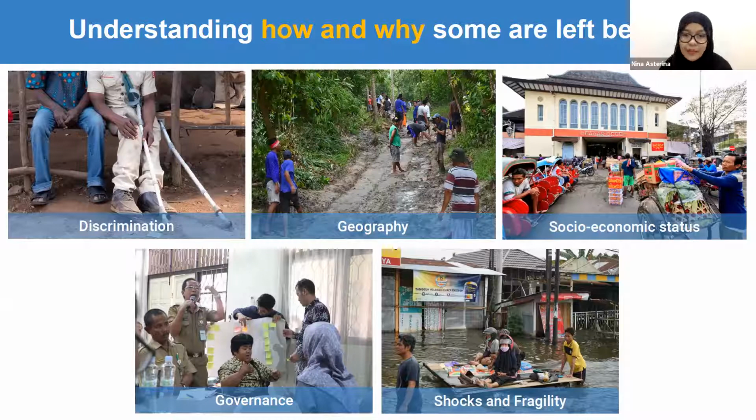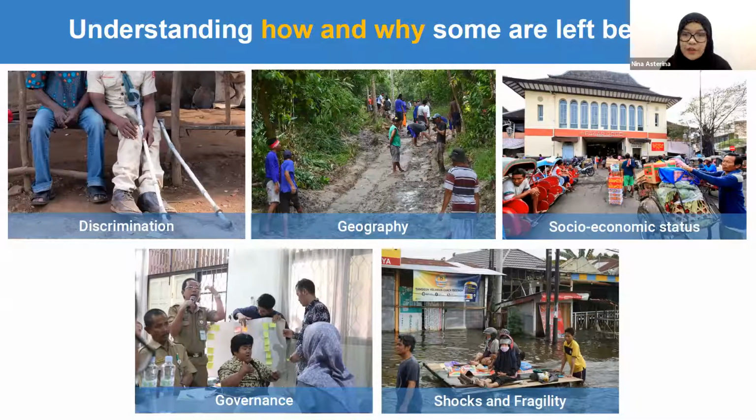And then the fifth aspect that we need to consider is shocks, fragility, vulnerability, and exposure to the effects of climate change and natural hazards, violence or conflicts, emergencies, and economic downturns like right now in the COVID situation. It might put some in a more vulnerable situation, which hinders them from accessing social services in the cities.